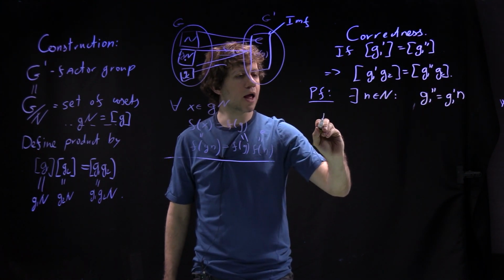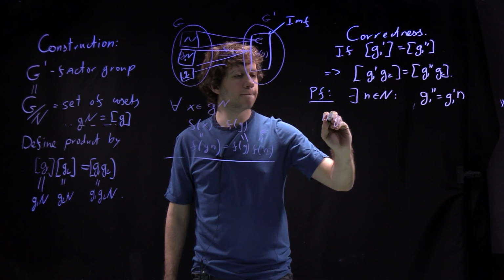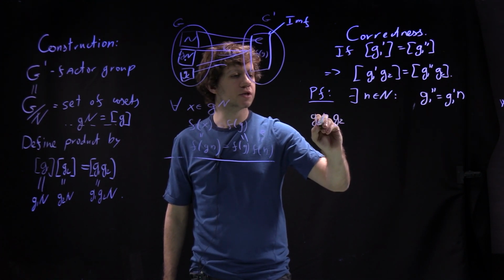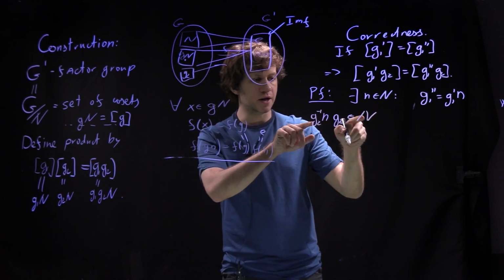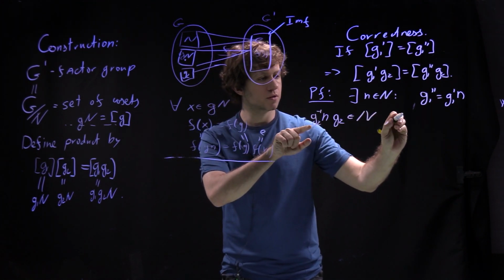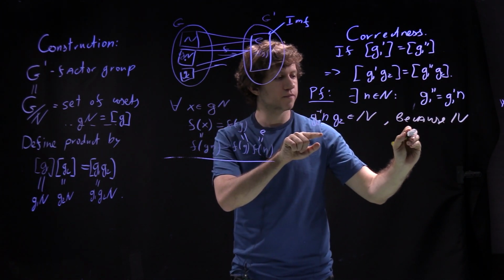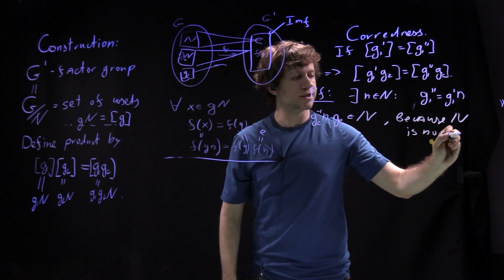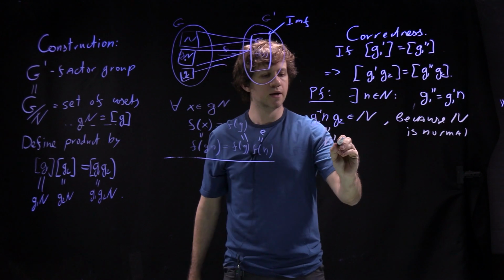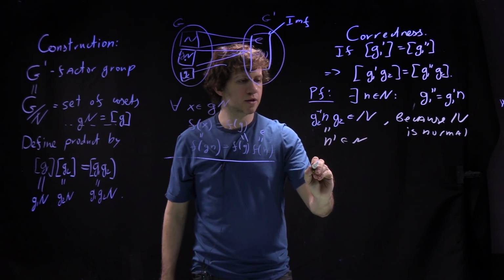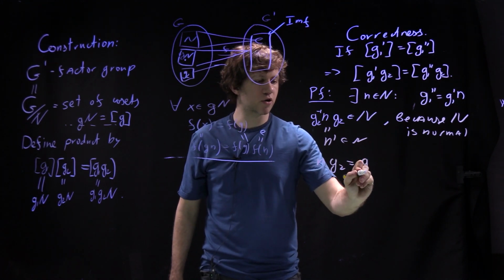And now g2 inverse n g2 lies inside N, and the reason is because N is normal. Since this is true, it equals some other n prime in N, and so we get that n g2 equals g2 n prime.